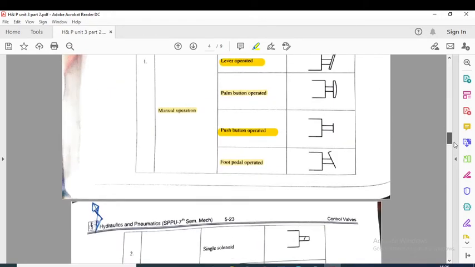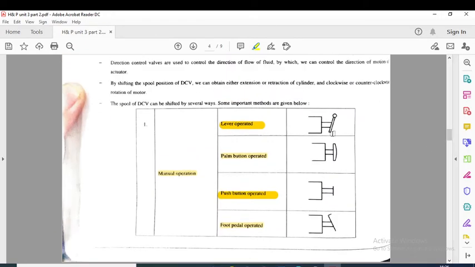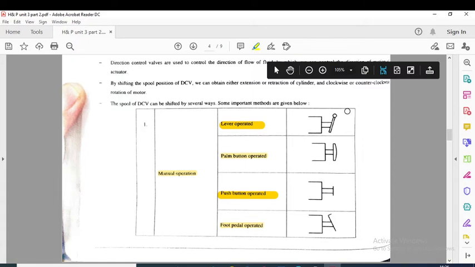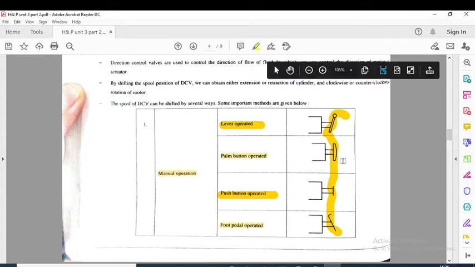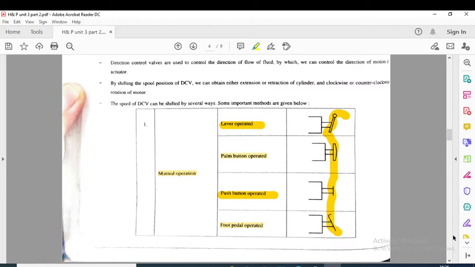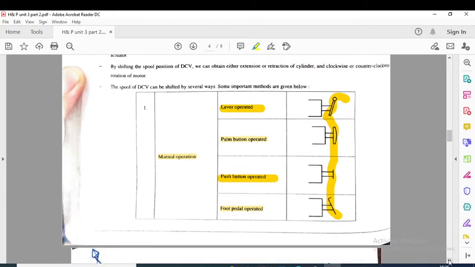If your direction control valve comes with a symbol like this, then the symbol denotes the type of operation. The first one is lever operated, the second is palm button operated, the third is push button operated, and the last one is foot pedal operated direction control valve.